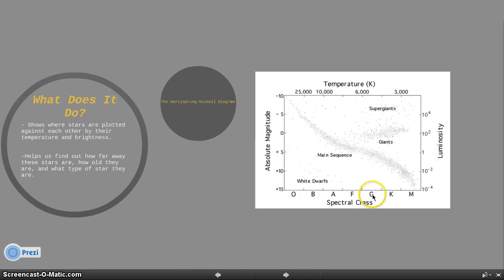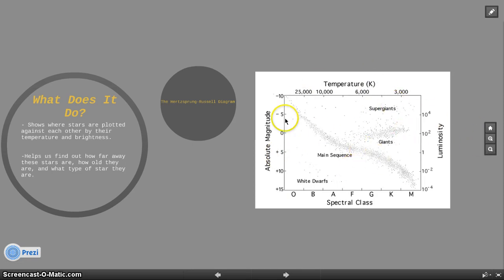We also know that its class is G. It's actually a G2V class, but don't worry about that. From there we can plot the point, and find out absolute magnitude, which is its natural brightness, and we can also find out temperature, and we can do it vice versa.